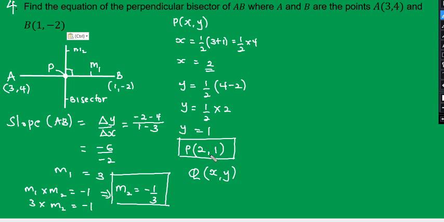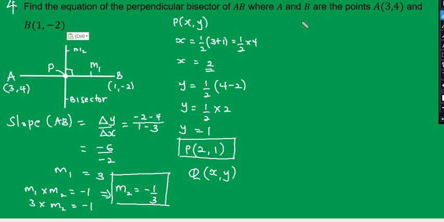We know how to find the equation of a line when you have the gradient and any point. Just use the defined point 2, 1 and the general point (x, y). Find the gradient using these 2 points and equate to -1/3. Simplify and come up with an equation.